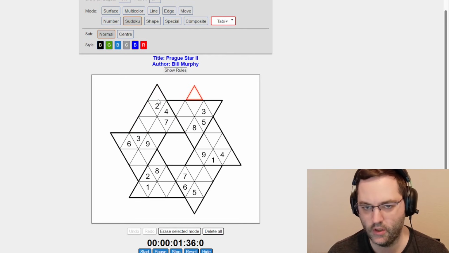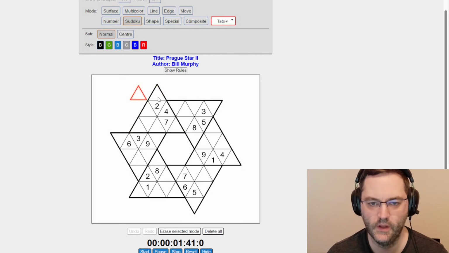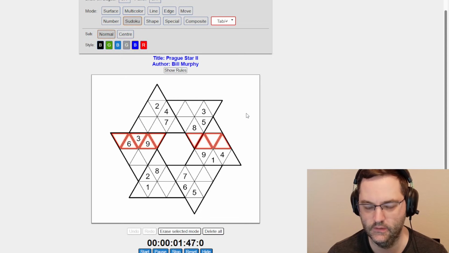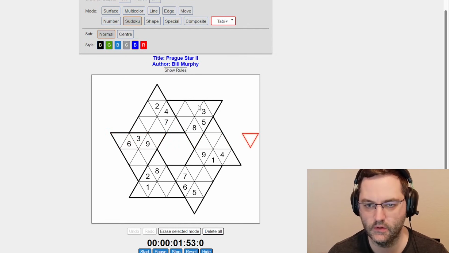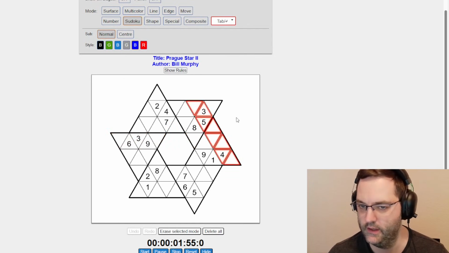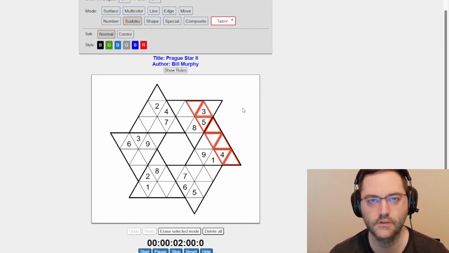Additionally, our rows and columns are in 3 directions instead of just 2, and they go across gaps in some cases. So this is a row. So it can only have the digits from 1 to 9. You'll notice some of these are not 9 cells. So the rule really is digits can't repeat.